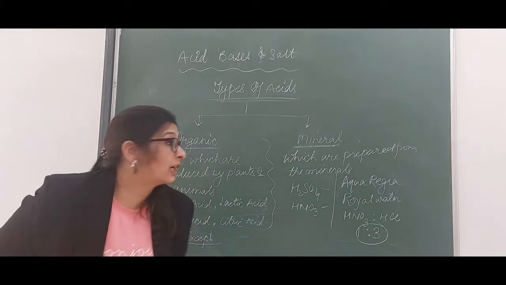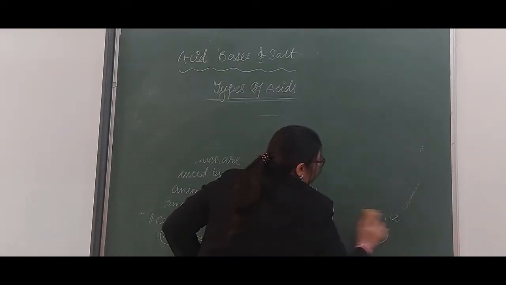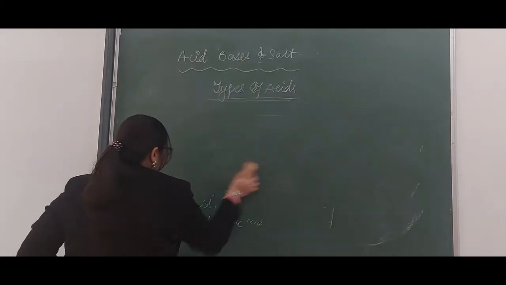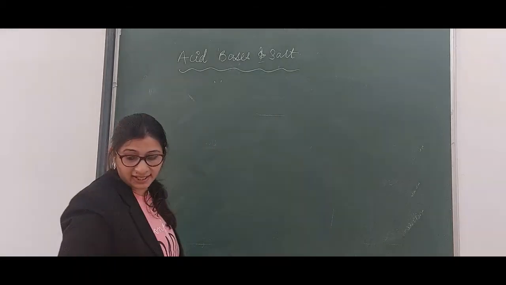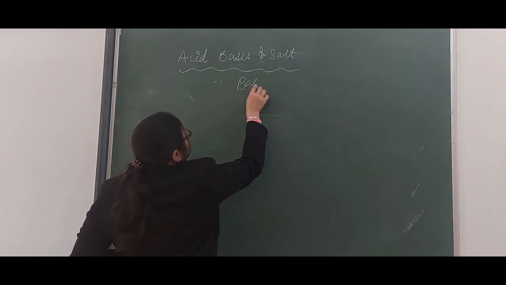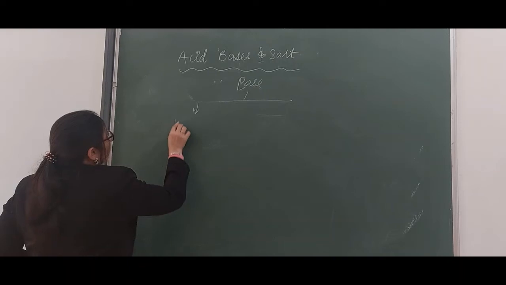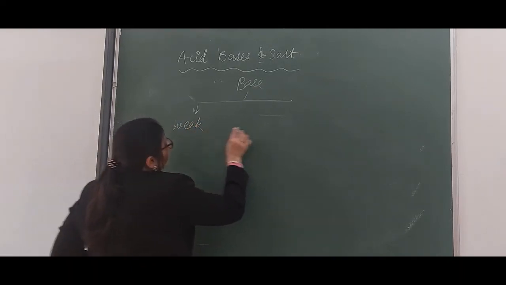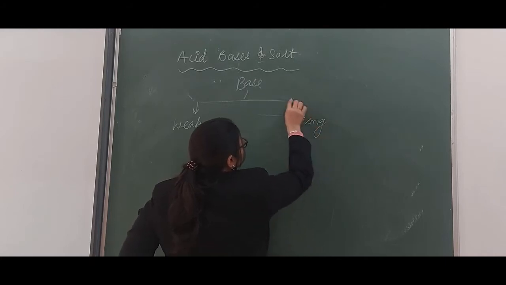Next we will see the two main types of base. Base के जो two main types हैं we will study, that is weak base and strong base. Now what is the meaning of weak base and strong base?